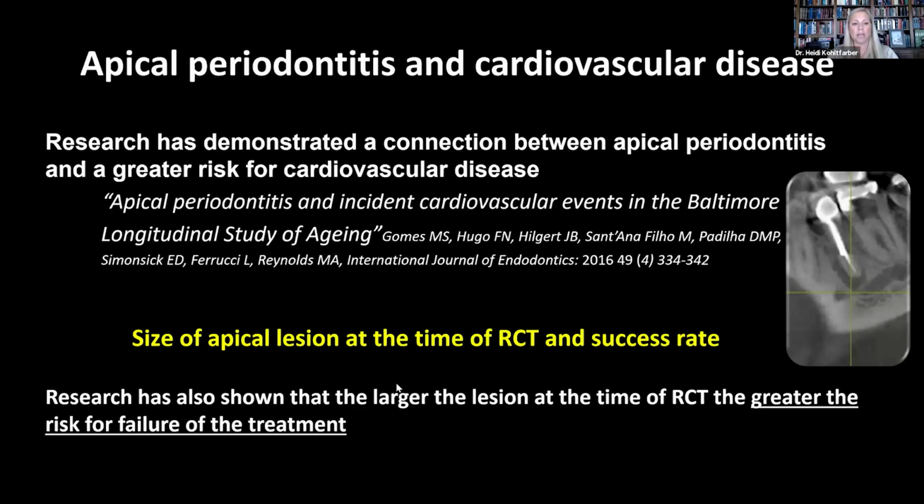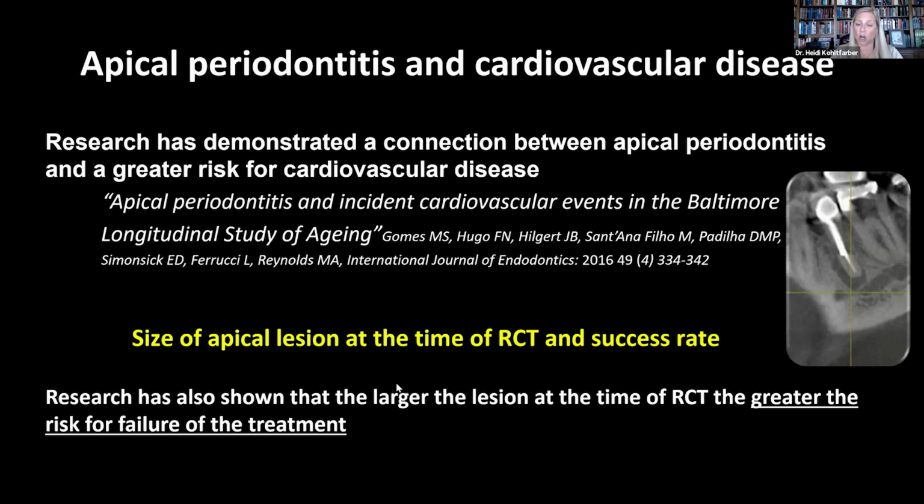All right, so when we're looking at some of our research, we know that there is a correlation between our apical periodontitis and our cardiovascular disease. Anytime we have a chronic inflammatory process, we do have a correlation with cardiovascular disease. We saw that with our periodontal bone loss years ago. We also know, for example, that the size of the apical lesion at the time of root canal treatment does determine success.